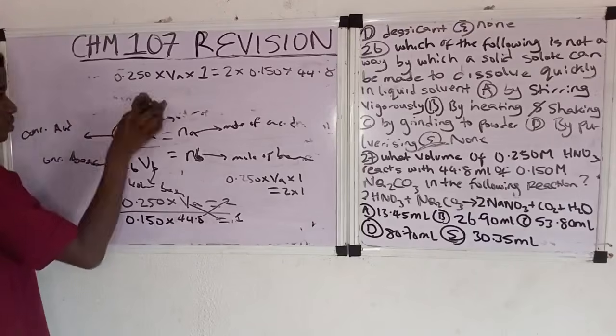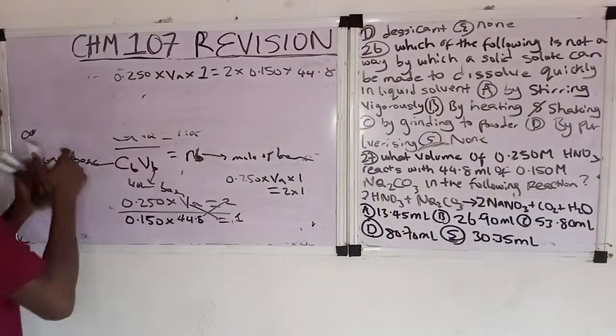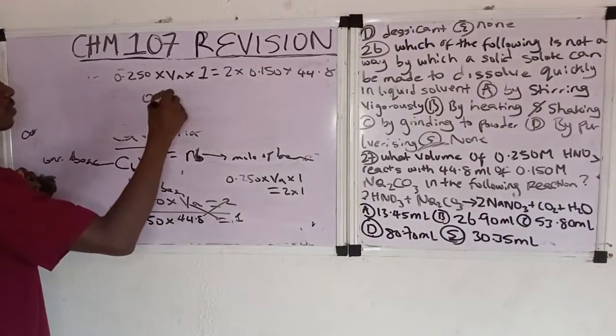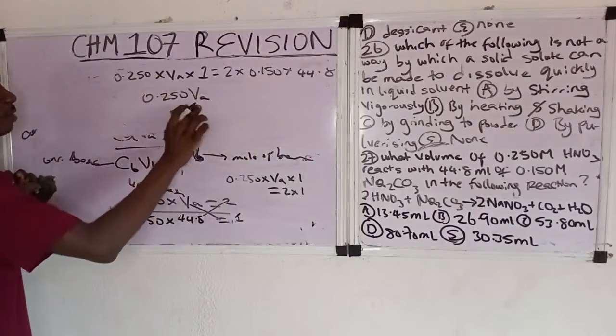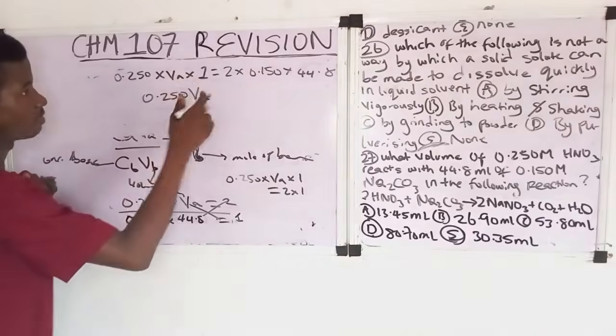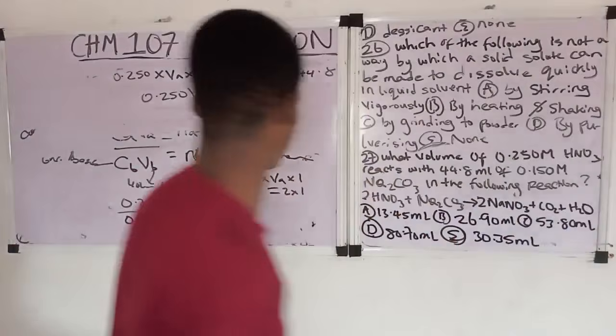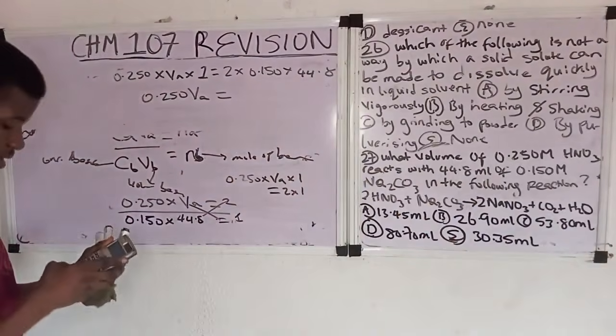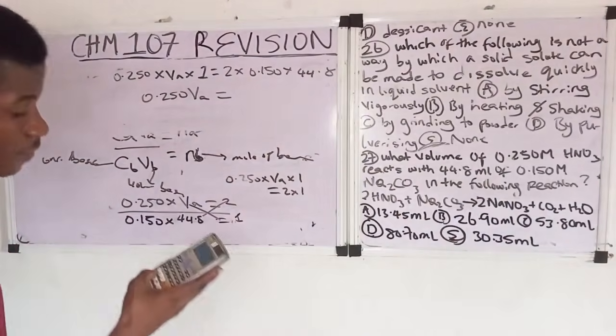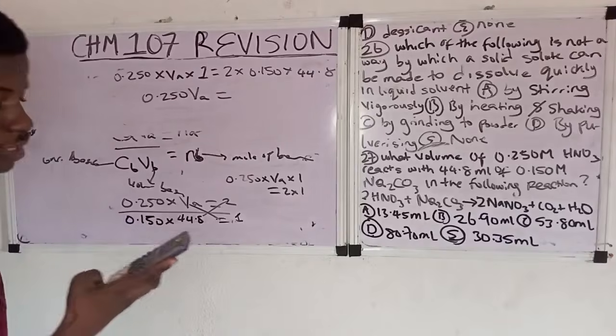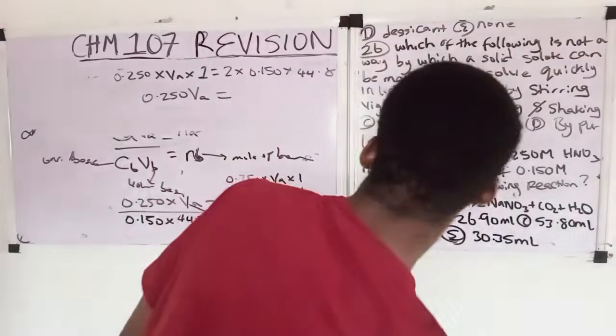If we cross multiply, we have 0.250 times the volume of the acid times 1, equals 2 times 0.150 times 44.8. Everything here, if we multiply, we have 0.250 Va times 1 on one side. Then, multiplying the other side, 2 times 0.150 times 44.8, we have 13.44.